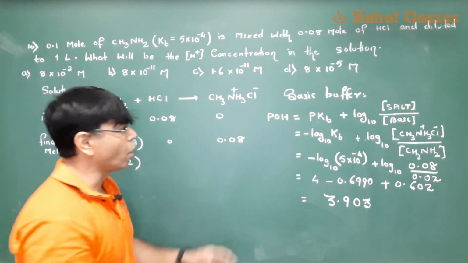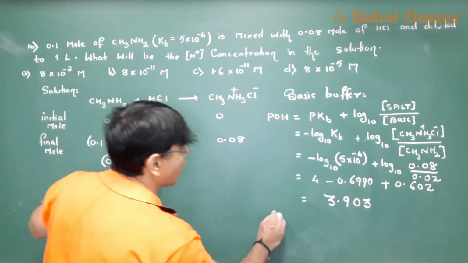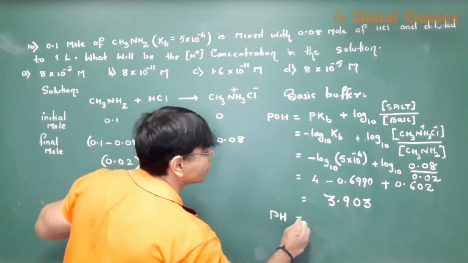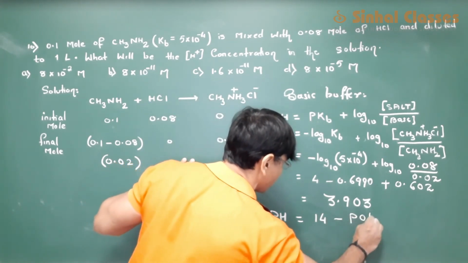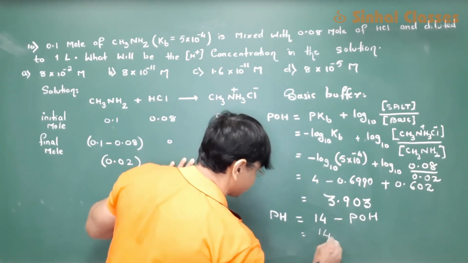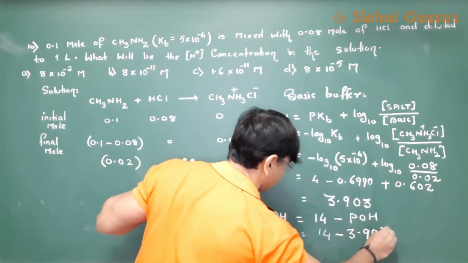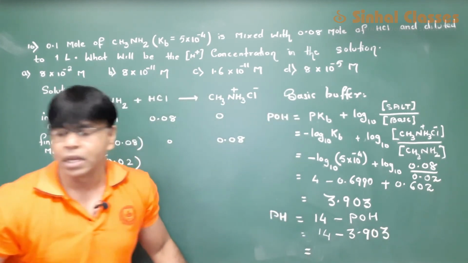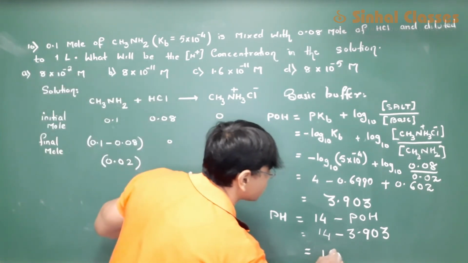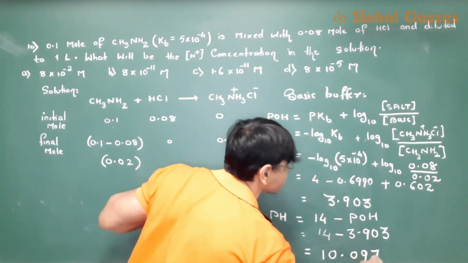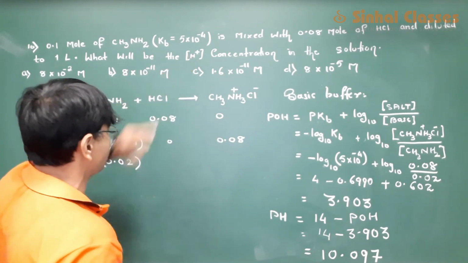So now this was pOH, but we are interested in H plus. So we require pH for getting H plus, that is 14 minus pOH, that is 14 minus 3.903, which is nothing else but 10.097. 10.097 is the pH, but we wanted H plus.